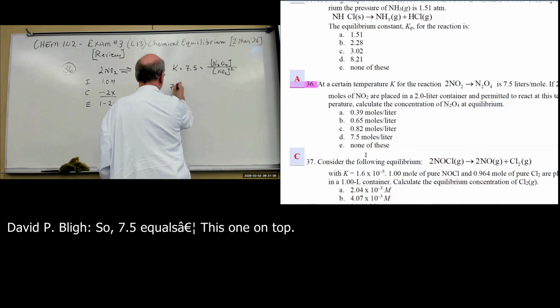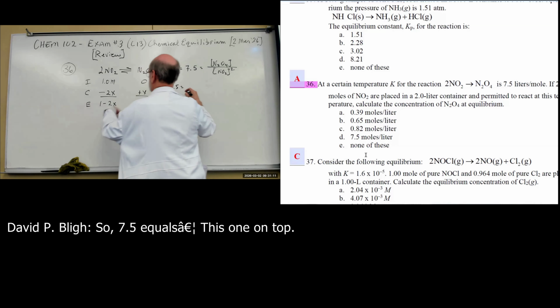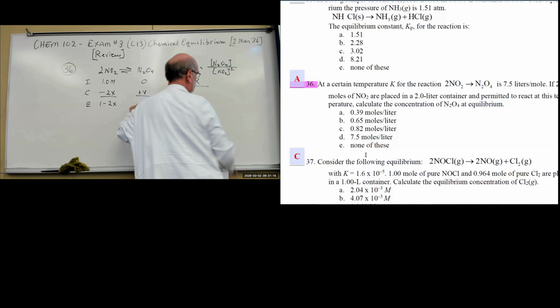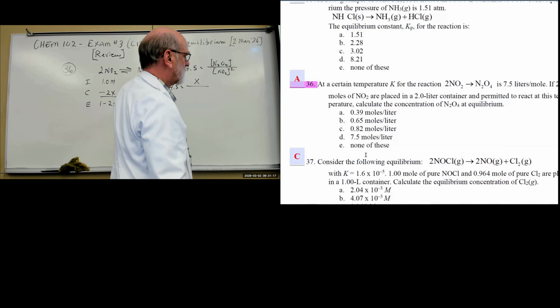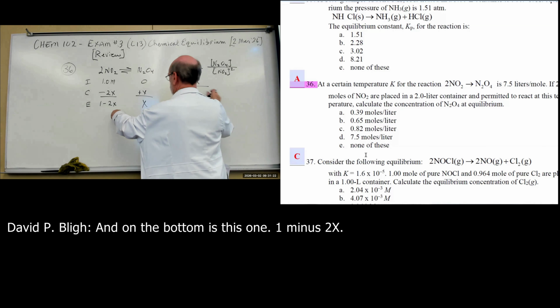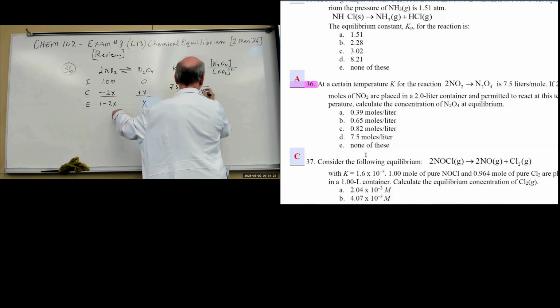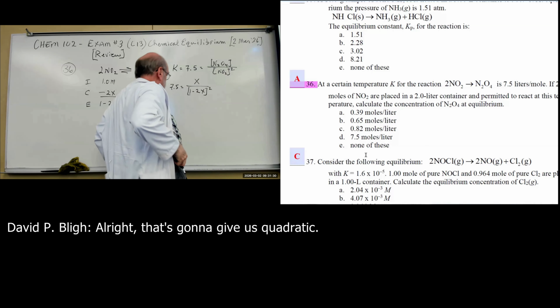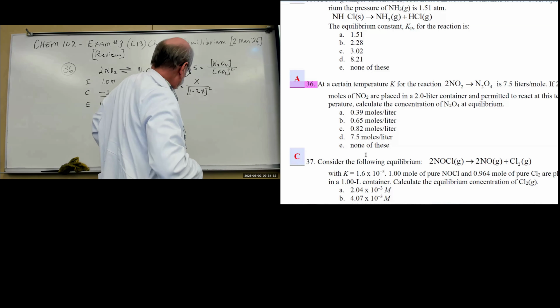So 7.5 equals this one on top, X. Is that what we're after? Yes. And on the bottom is this one, 1 minus 2X squared. All right. That's going to give us a quadratic.